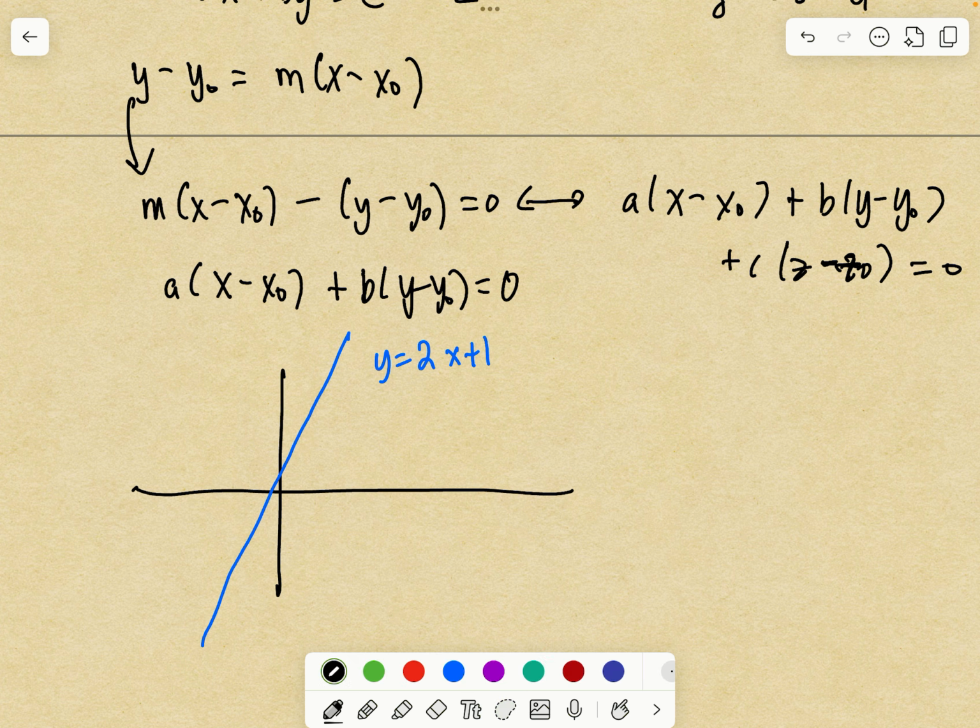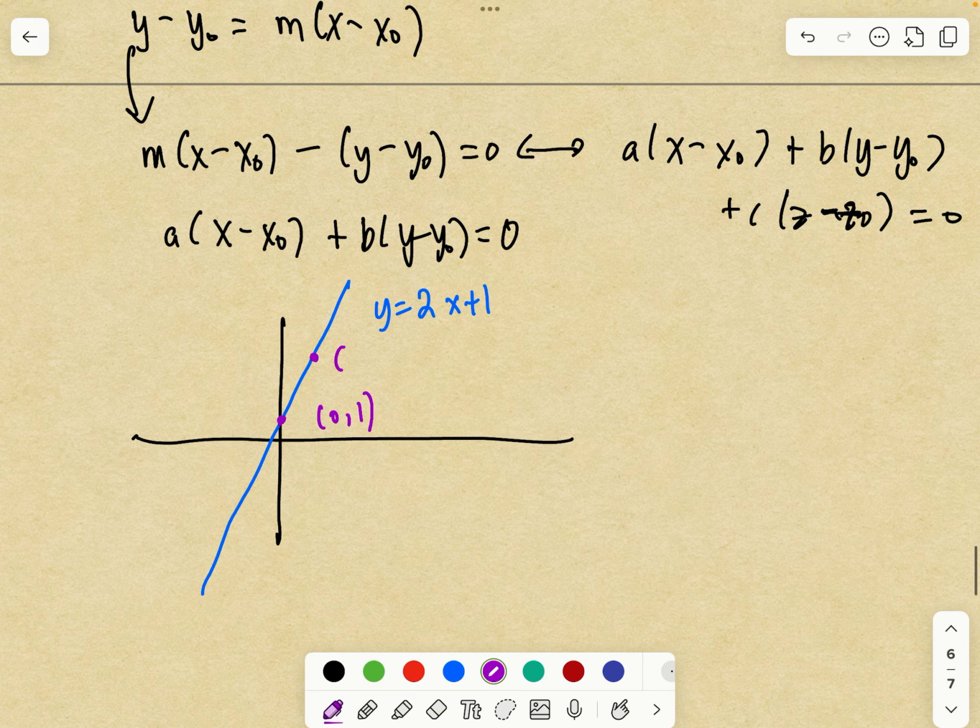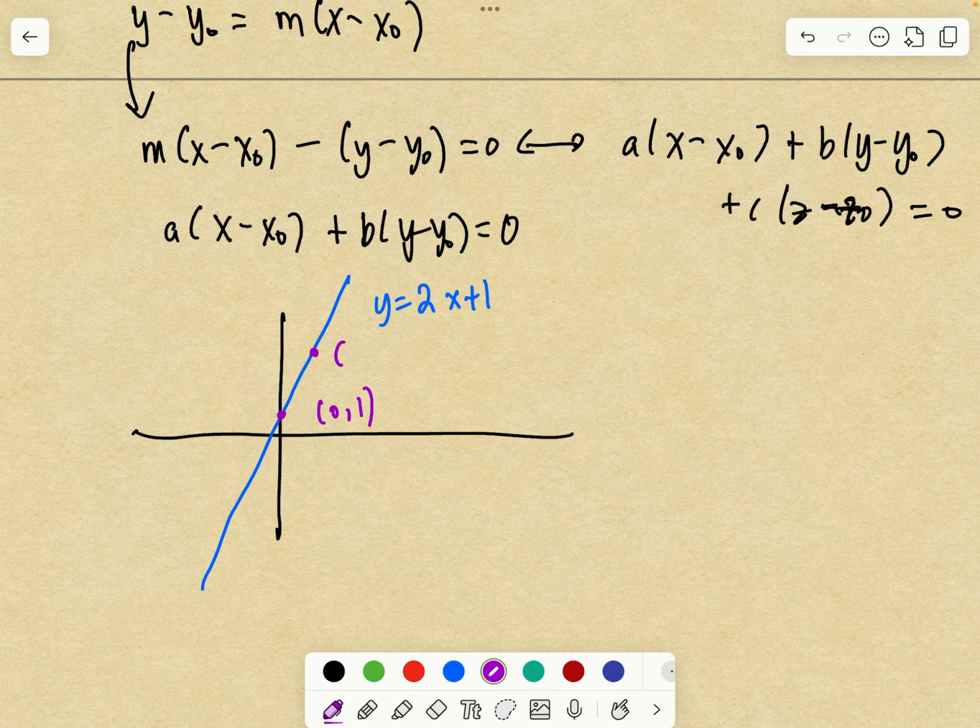Then it would be like if you have a point 0, 1, and you have another point which is 1, 3.